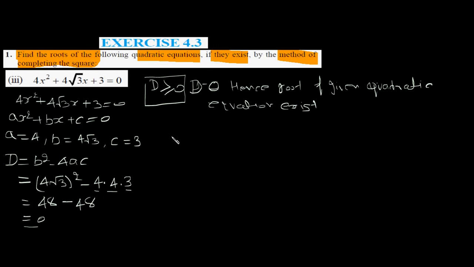Now if the root exists, then we have to find the root also. Let me rewrite the given equation once again. The given equation is 4x square plus 4 square root of 3x plus 3 is equal to 0.